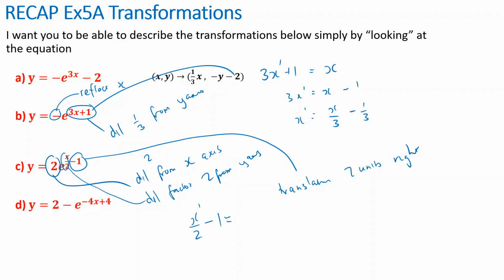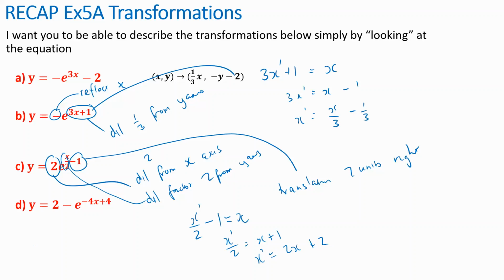That's your new x. You want to find the x'. And so you rearrange everything and you can see it's x' on 2 equals x plus 1 and then times 2 on both sides. So your transformation is obvious. And it's 2 times the original, so dilation of factor 2 from the y-axis, and it's moving to the right by 2. That's how you can tell. Okay? So just learning how to use chapter 3 again.